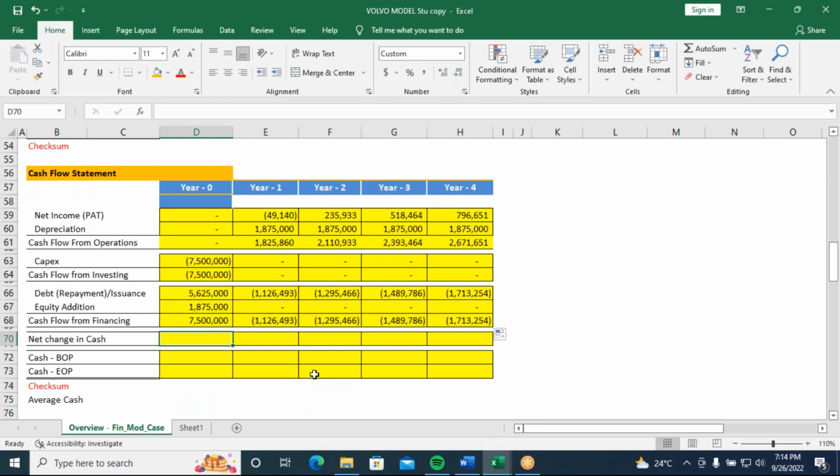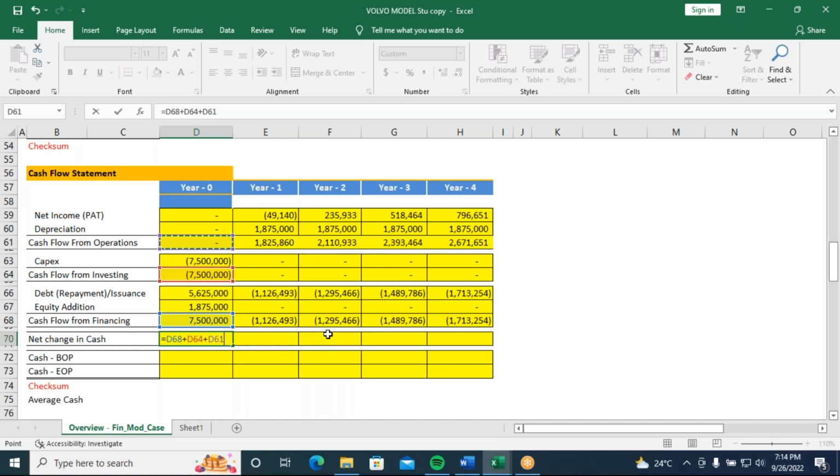So net change in cash is equal to cash flow from financing plus cash flow from investing plus cash flow from operations. When we were calculating the cash flow statement, if you remember, CFO, CFI and CFF.